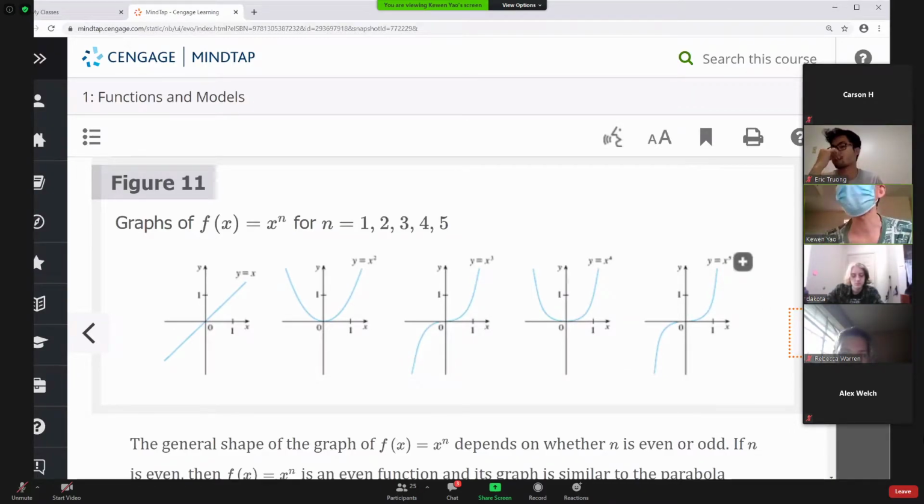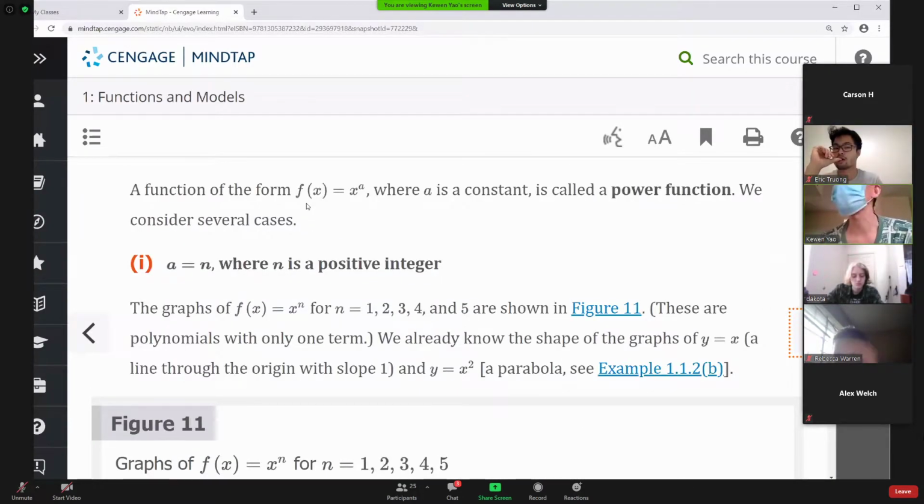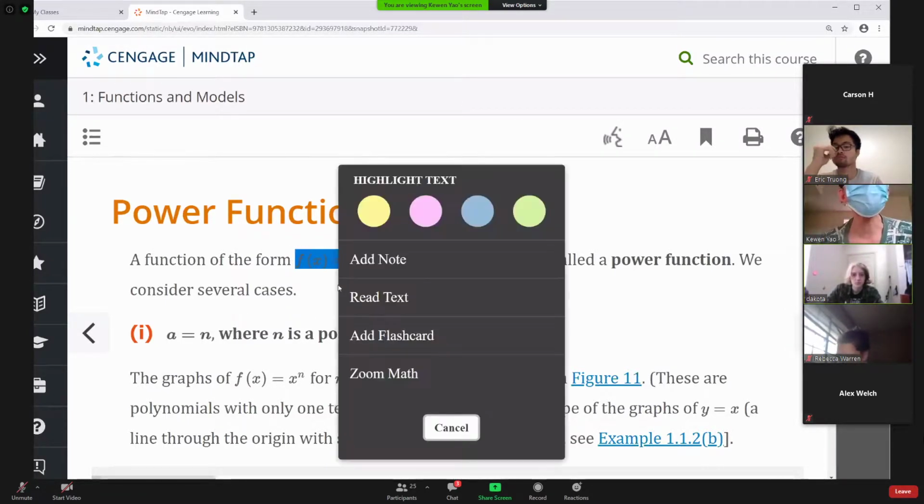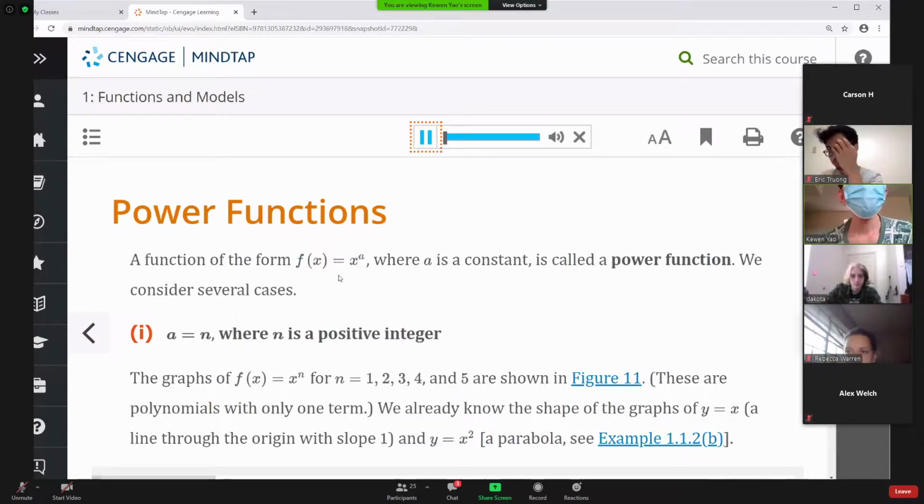Now this is the so-called power functions. So what does a power function mean, right? This is the form: f(x) equals x to the power a.